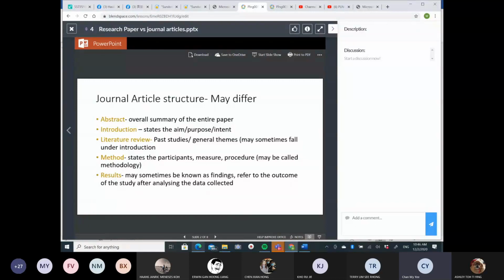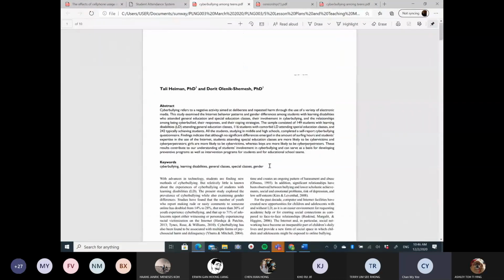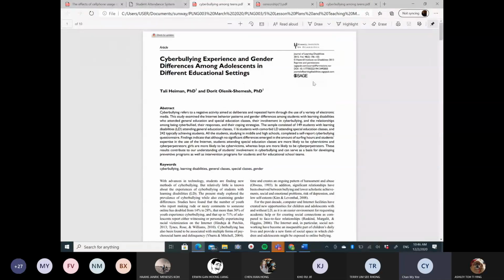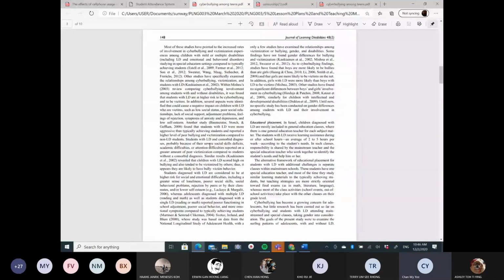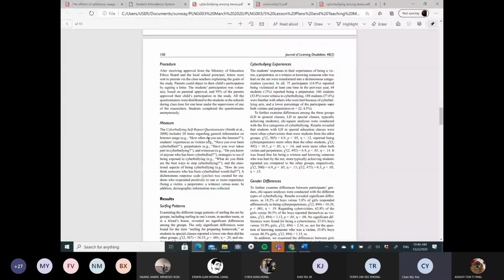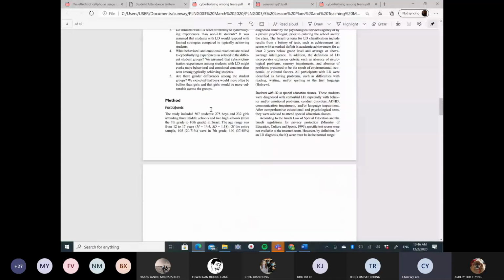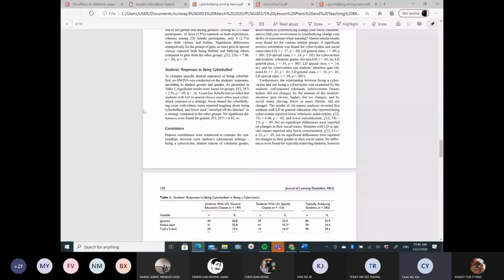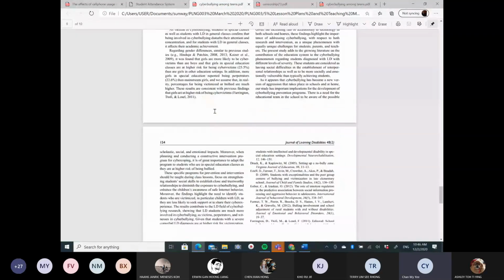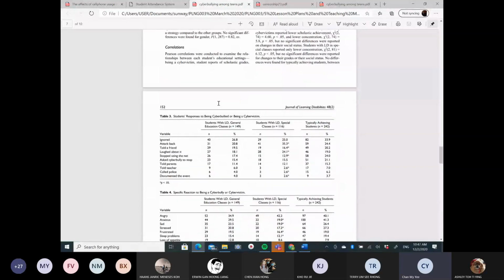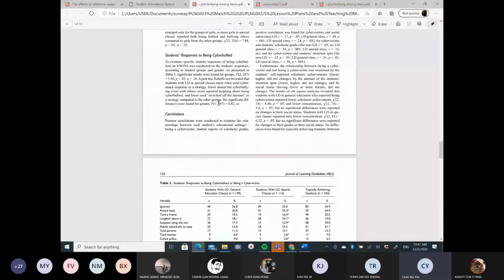Okay, so let me just show you an example, like I said earlier. Like this one here, this is a journal article. This is also a journal article. If you look at it, it has abstract, method, and then result, and then discussion. Okay, but no conclusion. So it doesn't typically follow the typical format.